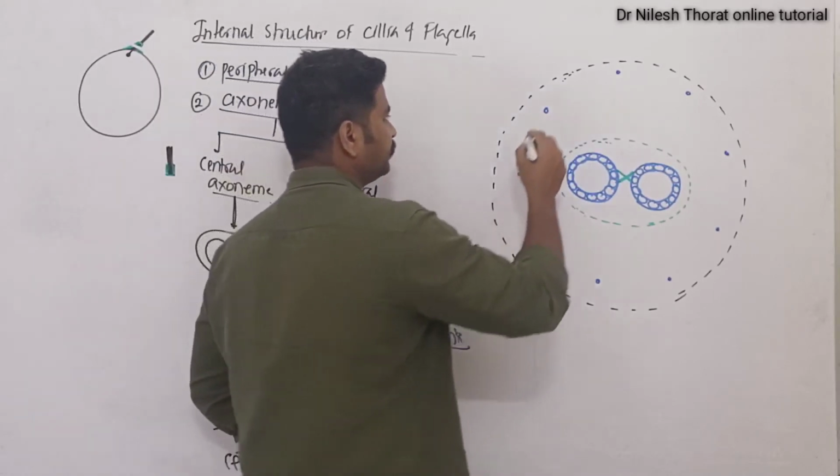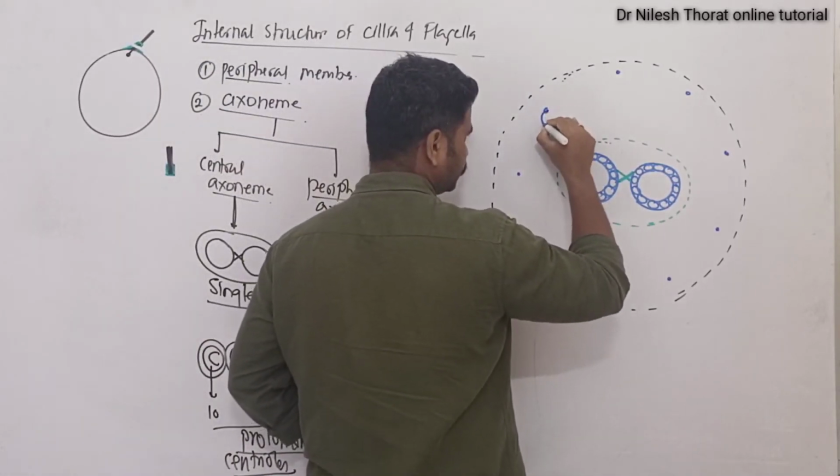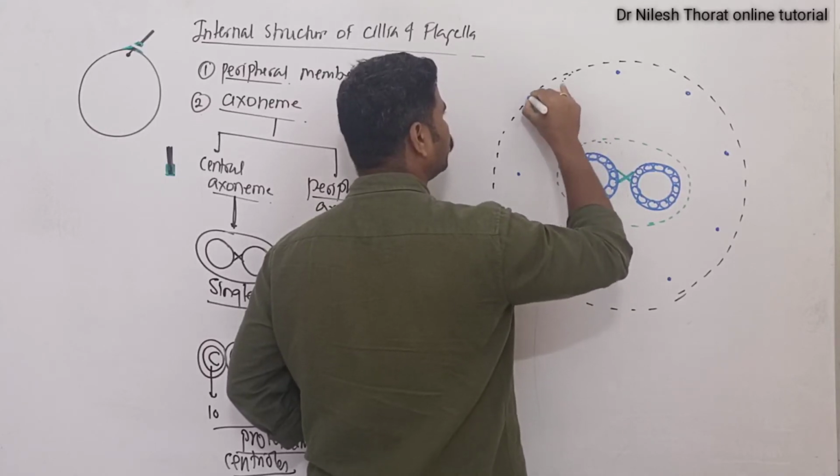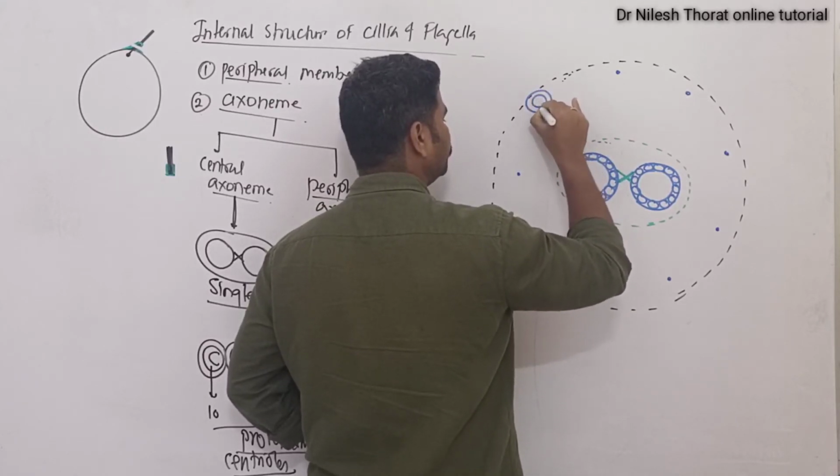Each doublet is made up of 2 tubules. So the inner tubule is A tubule and the outer one is the B tubule.